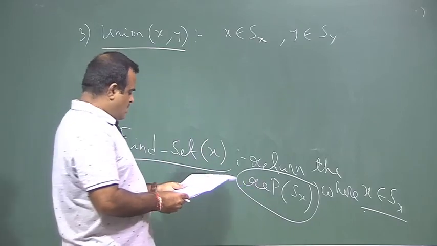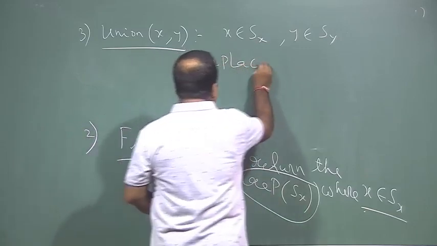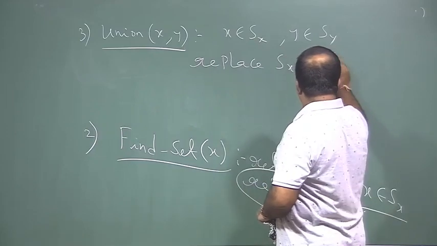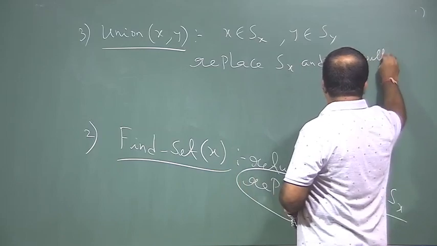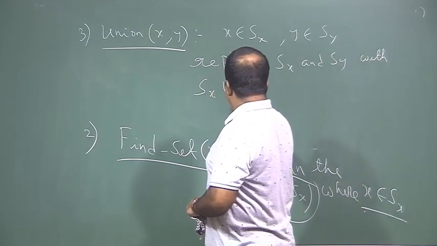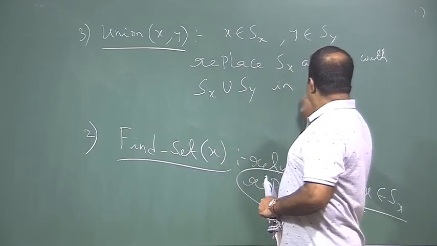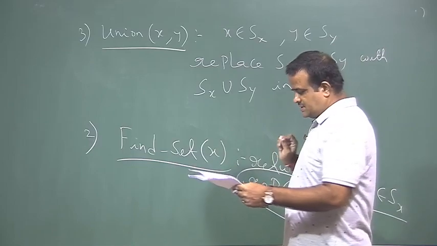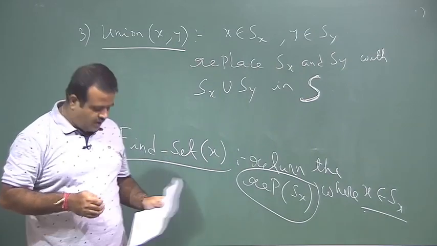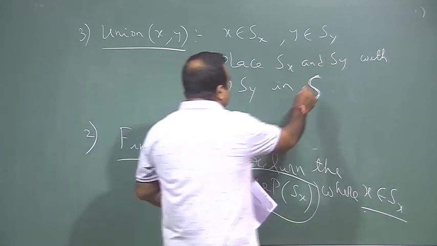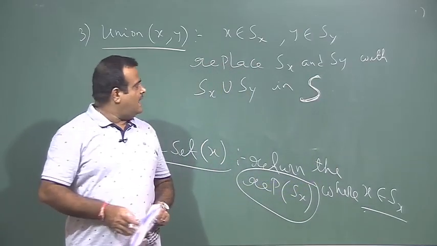So that means we want to replace these two sets S x and S y by their union. In this collection of sets, these two elements are distinct elements in S x and S y.